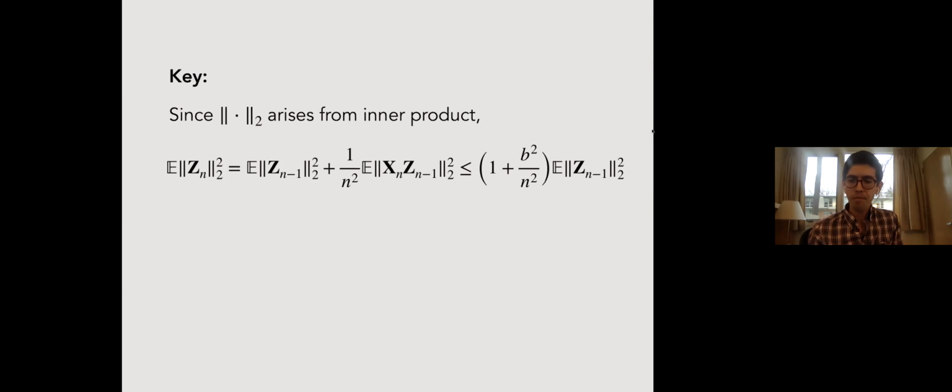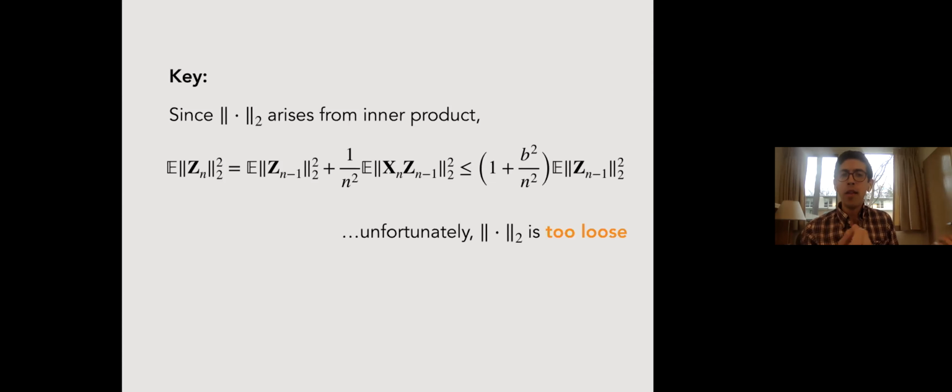Unfortunately, as I said on the previous slide, doing this in the Frobenius norm is just too loose. We get something that is not near optimal, but unfortunately the Frobenius norm is the only one of the Schatten p-norms that arises from an inner product. None of the rest of them have this Hilbert space structure. So it seems like we're a little bit stuck, because this argument is nice and seems to give us what we need if we work in the 2 norm, but we can't work in the 2 norm if we want to get the optimal results.